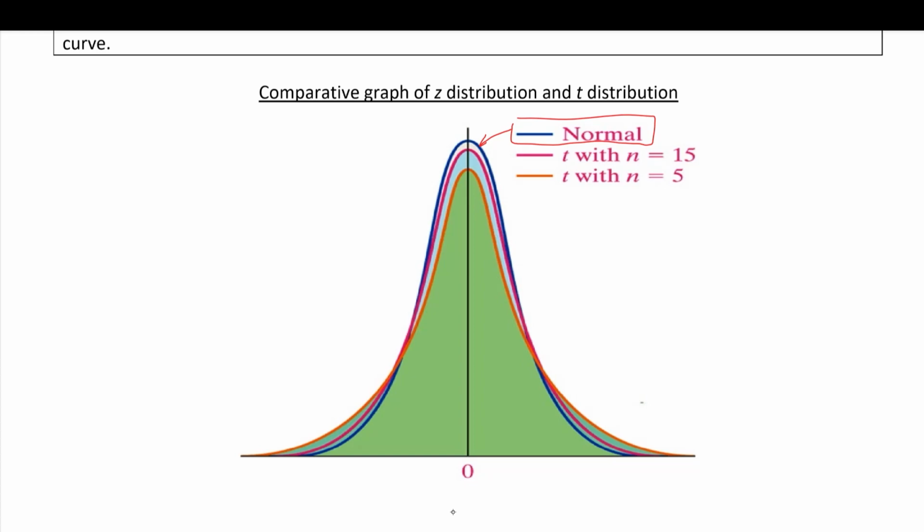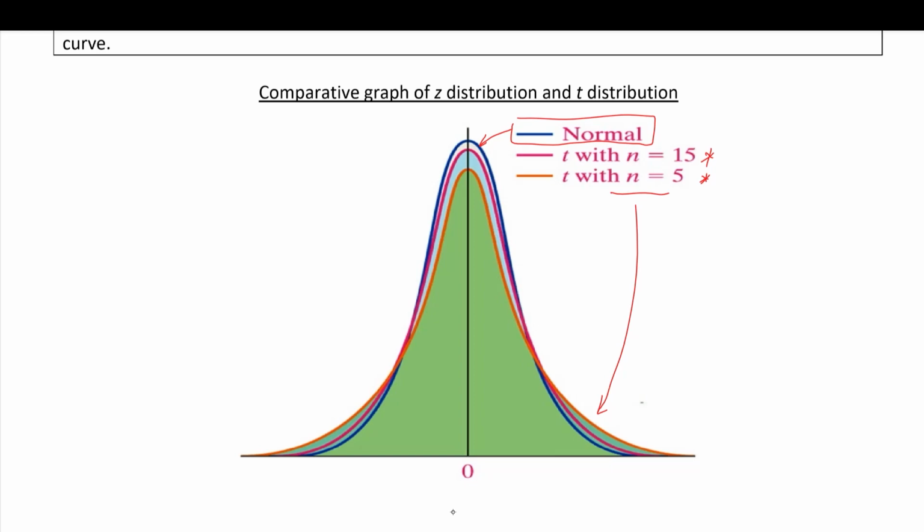The other two distributions are t-distributions, and they're different for different sample sizes. The smaller the sample size is, the fatter or wider the distribution is. So there's a lot more variation in these t-distributions than in the normal distribution.